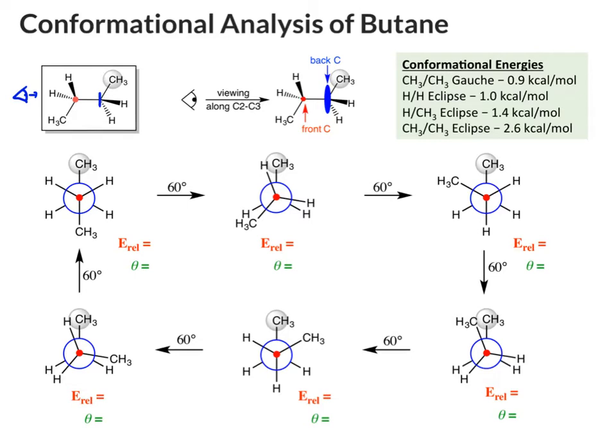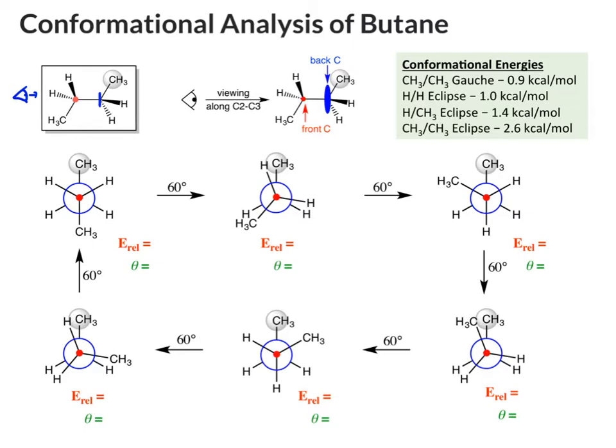And you can see that on the front carbon, we have a methyl group going straight down, that's this methyl. On the back carbon, we have a methyl straight up. And as a reference point, I put a gray circle around that. So there's the methyl on the back carbon. So what we're going to do is start here and do a 60-degree bond rotation and see what we get.